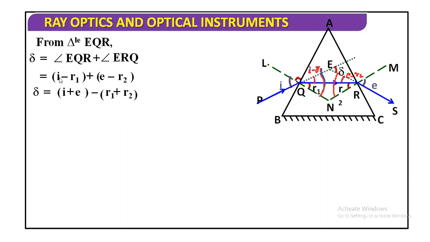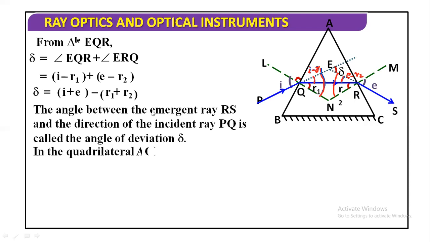Now by rearranging, we can find delta is equal to I plus E, they are kept together, and both the angles of refraction are kept together. So finally we get delta is equal to I plus E minus (R1 plus R2). So this is the angle of deviation between the expected path and the actual path.